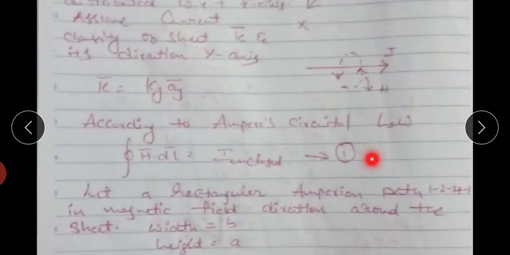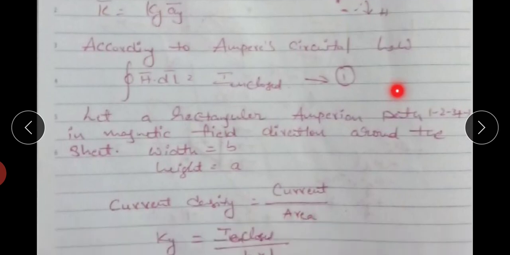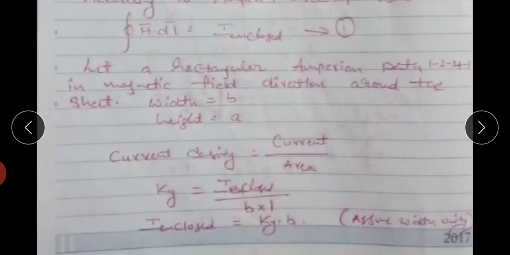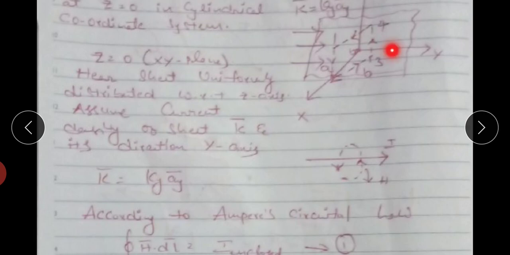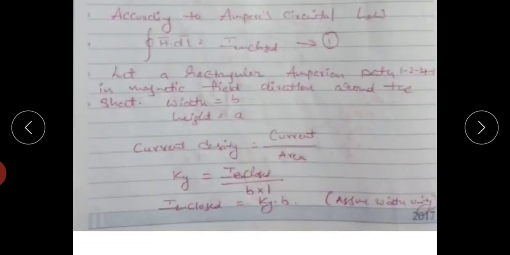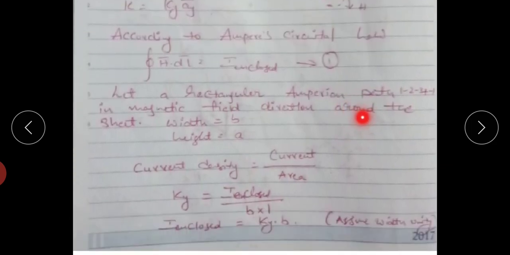So the area of the sheet enclosed in the amperian path equals b into 1. b is this rectangle length, and the width of the sheet equals unity. So finally area equals b into 1. So ky equals I enclosed by b into 1. I enclosed equals ky into b. This is the I enclosed value.